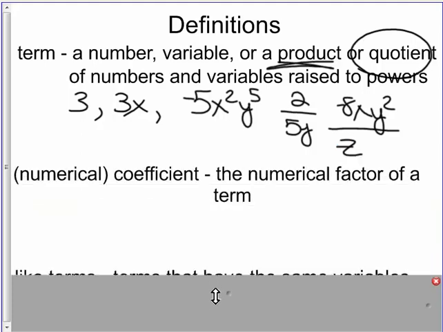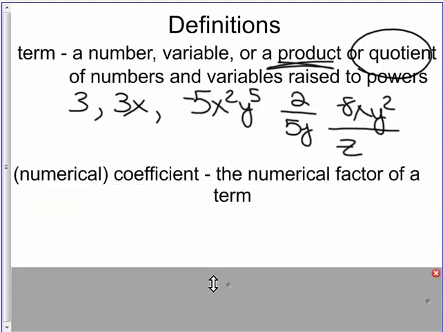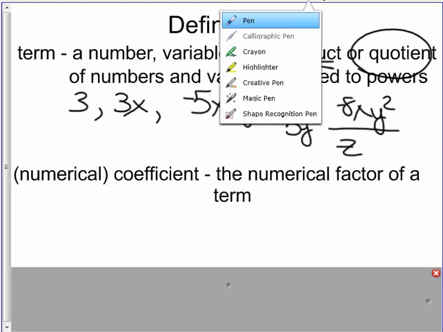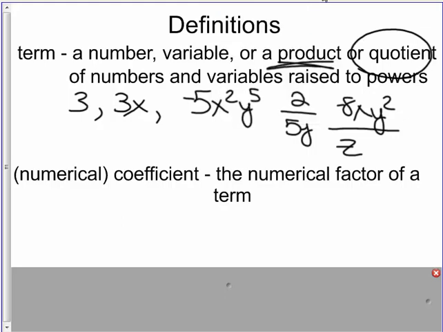So when we talk about the next term, which is like terms and numerical coefficients. The first one, numerical coefficients. When we say numerical, we mean the number factor of a term. So if we look above at our terms, what is the numerical factor of the term? What's the number associated with it? In the first one, we have 3. In the second one, 3 as well.